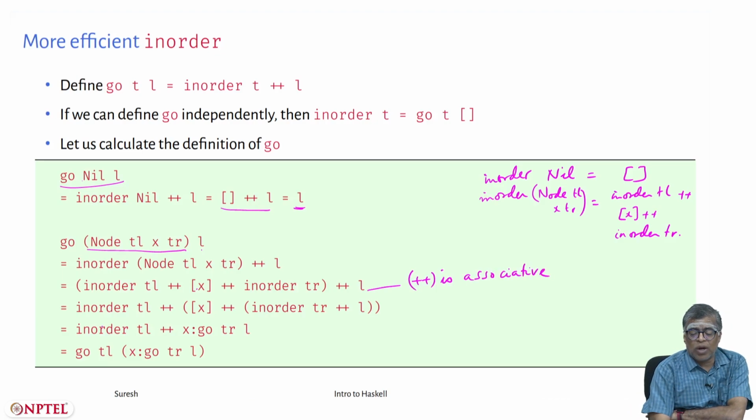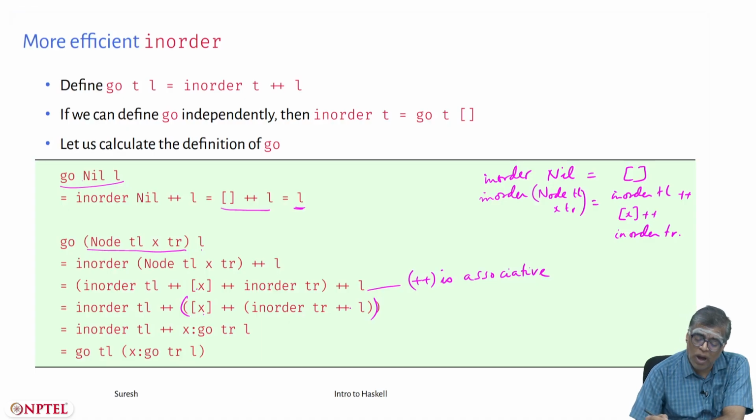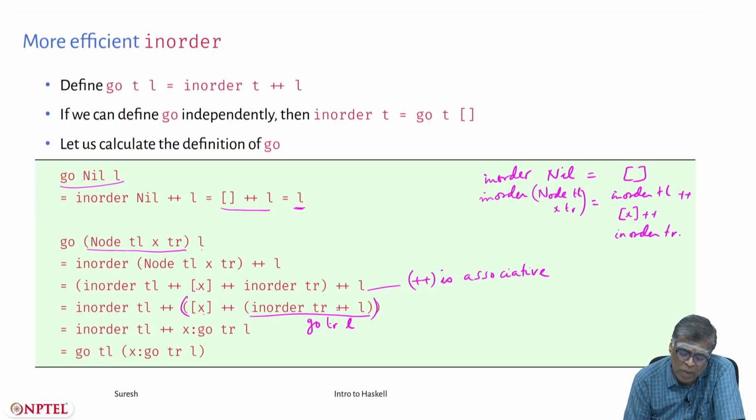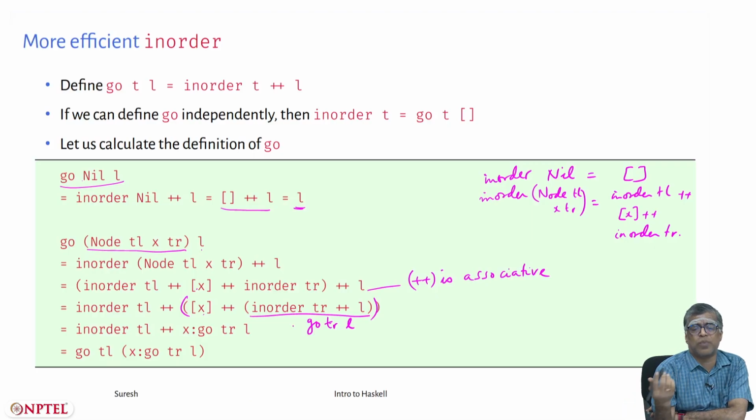So this is nothing but in order TL plus plus, and you shift the parenthesis here, singleton x plus plus in order TR plus plus L. But in order TR plus plus L is nothing but go of TRL by our definition, because go of T L is in order T plus plus L. So in order TR plus plus L is go TRL, and you are doing singleton list x plus plus, but that is nothing but saying x colon go TRL.